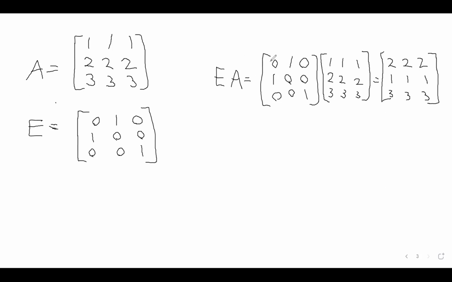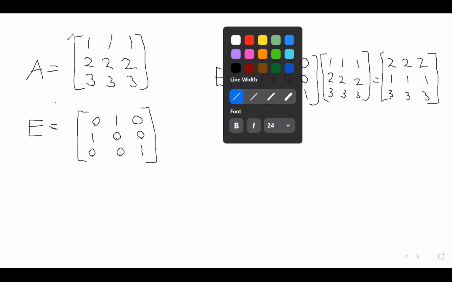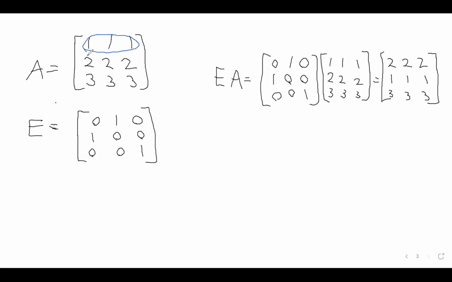And so now you can see that EA is the matrix you get if you look at A and switch the first and second row. Here are the first 2 rows of A, and here are the first 2 rows of EA. They're switched. The difference between A and EA is that the first and second rows switch, and the third row is the same.